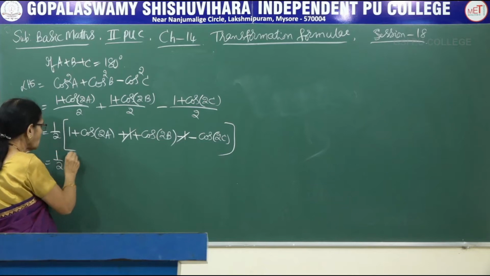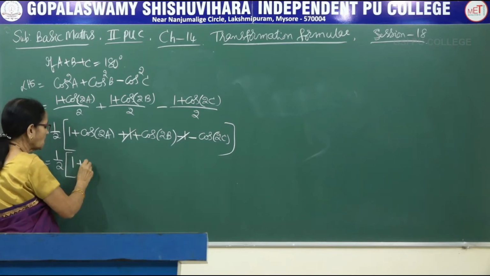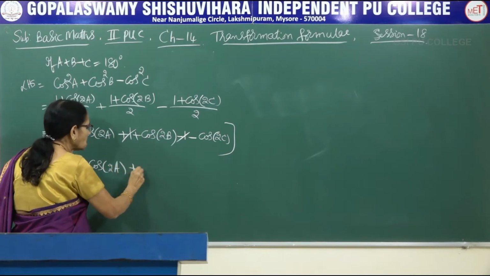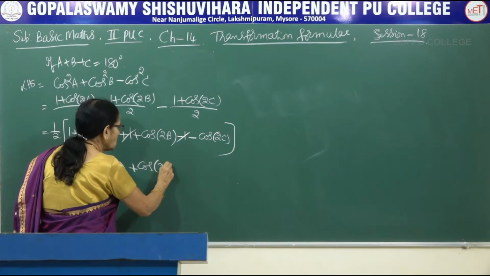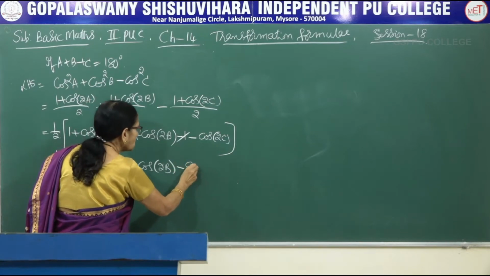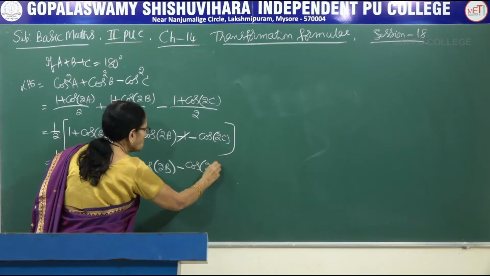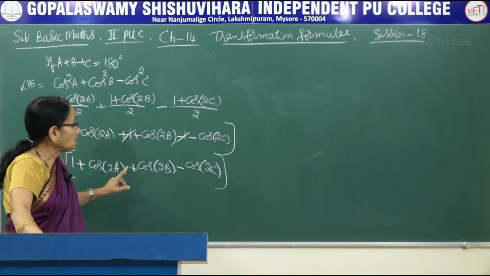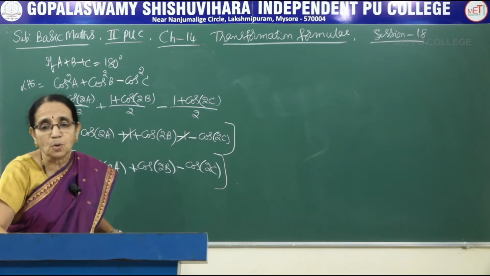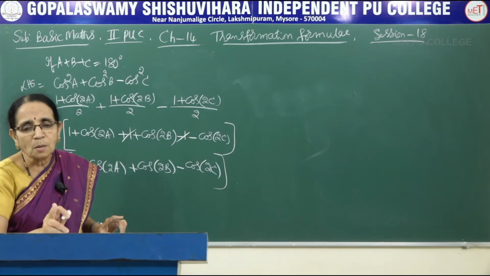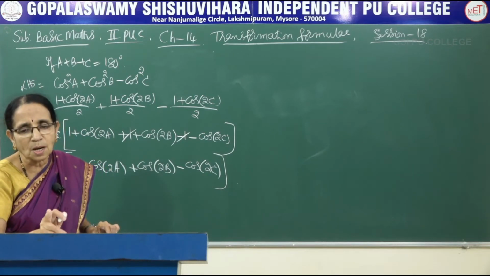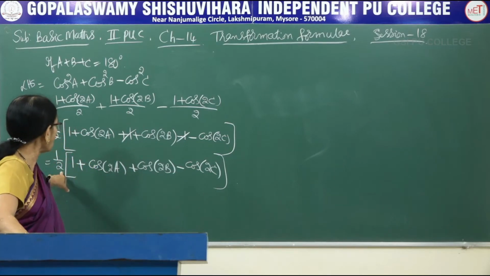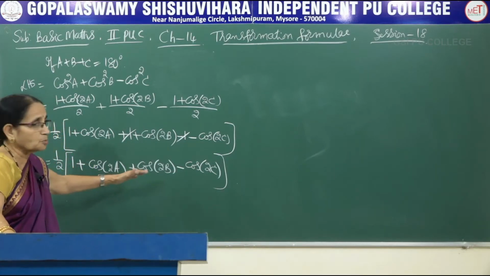So, it is half of 1 plus cos of 2A plus cos of 2B minus cos of 2C. Now, this is what we are having. Now, what is the result that has to be proved? The right hand side is 1 minus 2 times sin A into sin B into cos of C. That is what we have to get. But here we are having half into this expression.